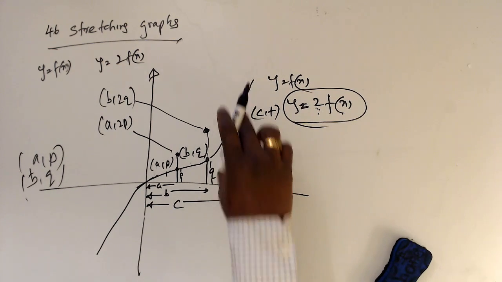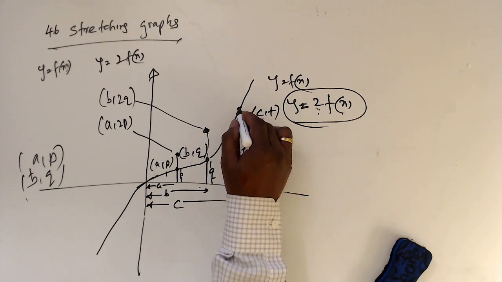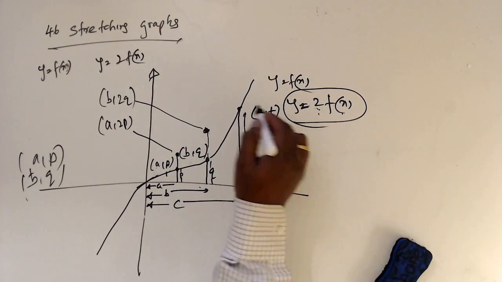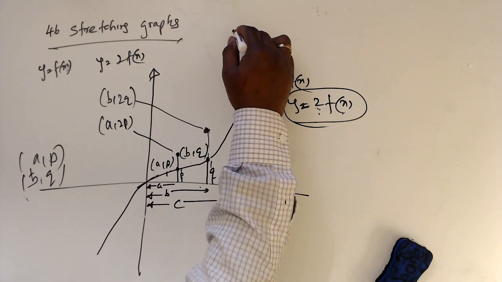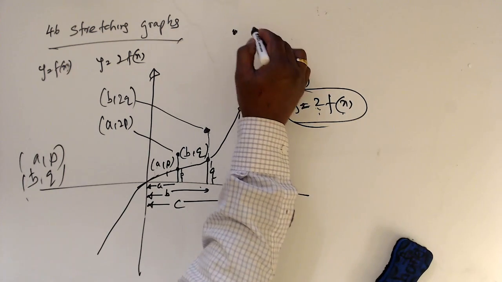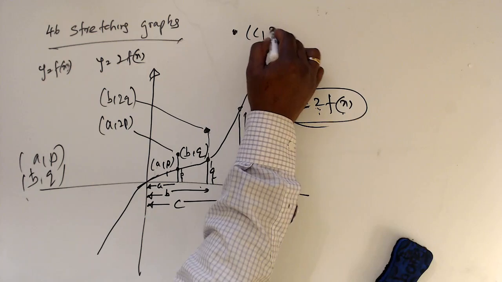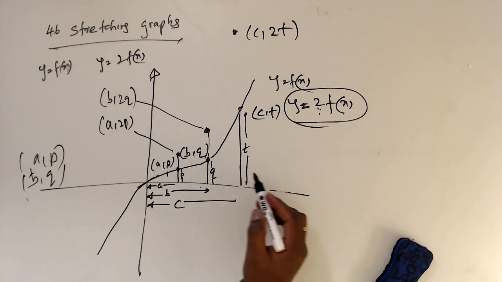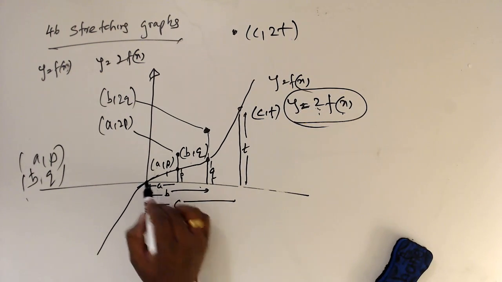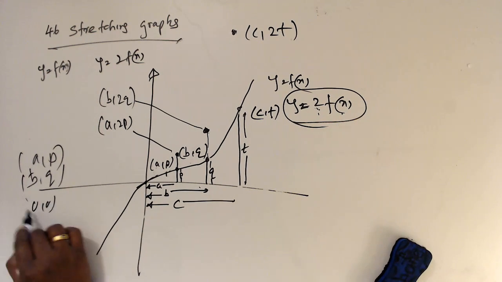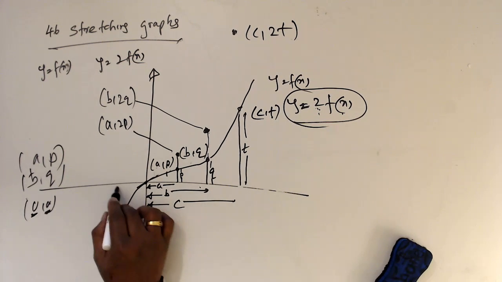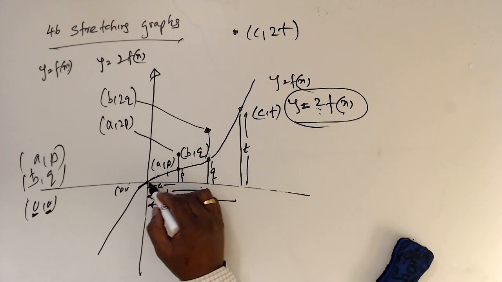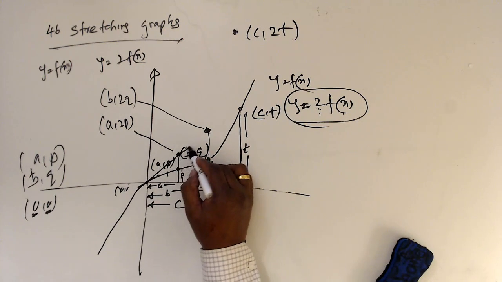Now this is (c, t). The c coordinate stays as it is, I double t in this length. So this is going to be (c, 2t), doubled. And again here, 0, 0, the x value is the same. When you double 0, 2 times 0 is 0, so it's still 0, 0. Then the curve goes like this.